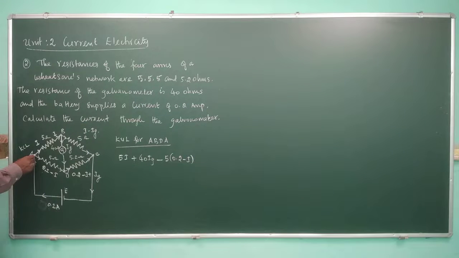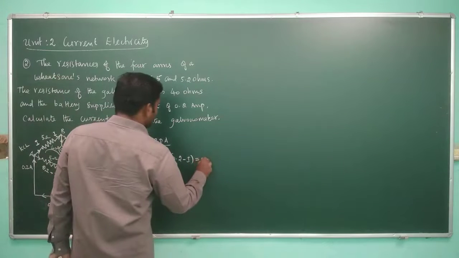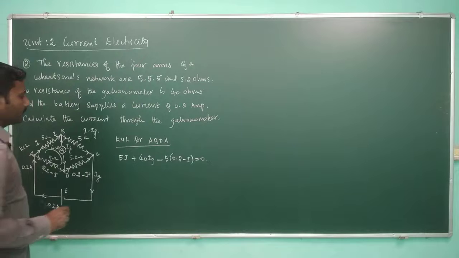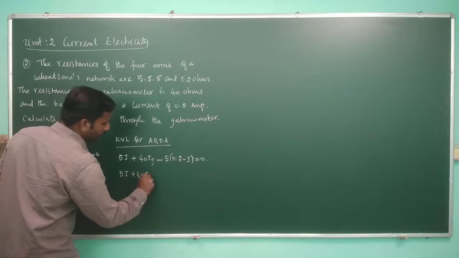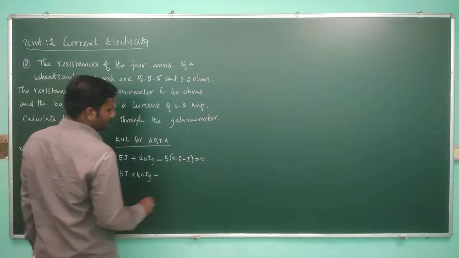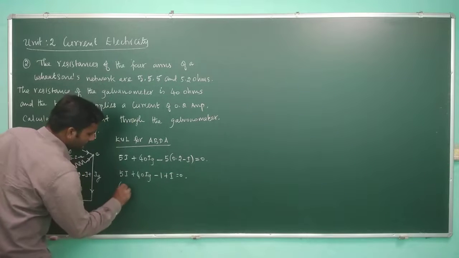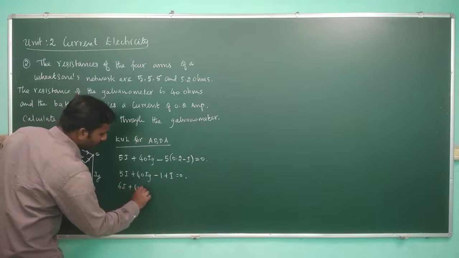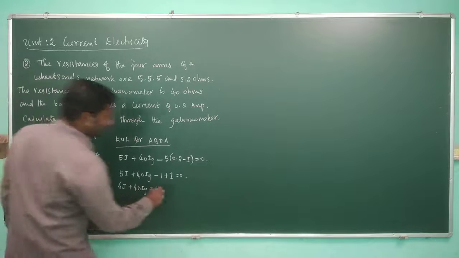Because the direction of the flow of current is going towards A to D, but the loop is closing like this, going the opposite side, so we have to put minus. So that is equal to 0, which means 5I plus 40 Ig minus 1 plus I is equal to 0, so that 6I plus 40 Ig is equal to 1. This is equation 1.